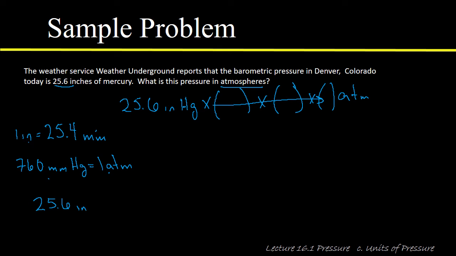Okay. So let's start with what we've got. 25.6 inches of mercury, and then we'll use that first conversion factor. We want inches of mercury to cancel out, so let's write 1 inch of mercury is equal to 25.4 millimeters of mercury.